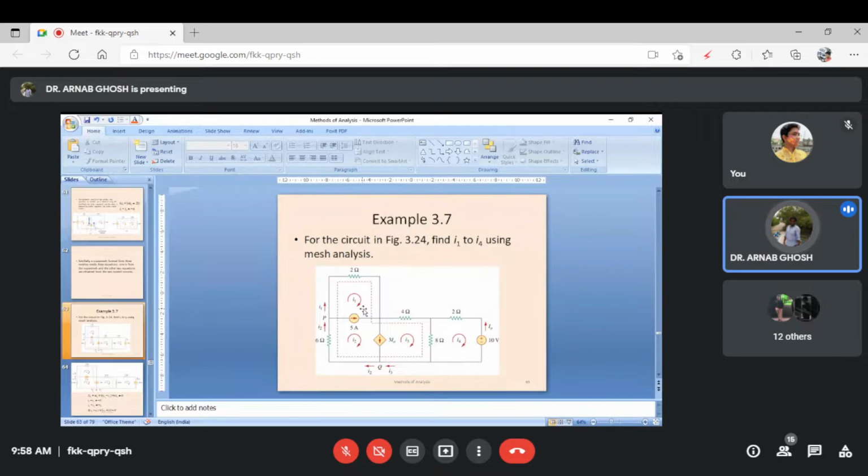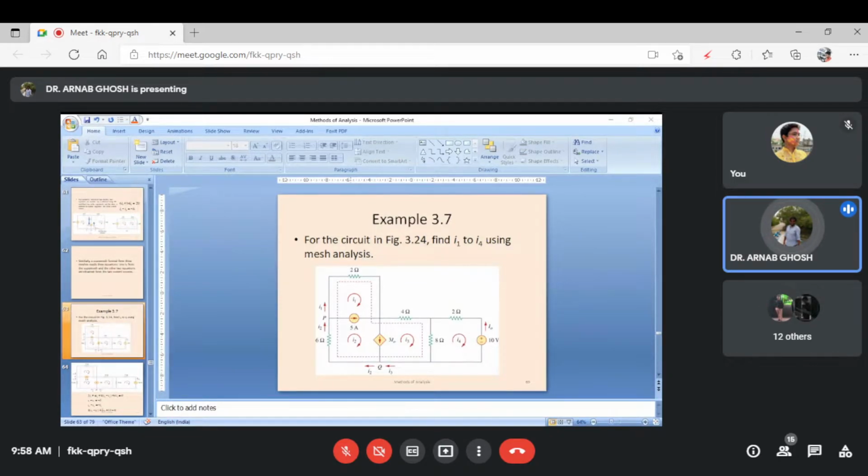Out of the 4 loops, you see this 5 ampere current is common to loop 1 and loop 2, and this 3I0 is common to loop 2 and loop 3. So under these circumstances, we can consider these 3 meshes together as a super mesh.